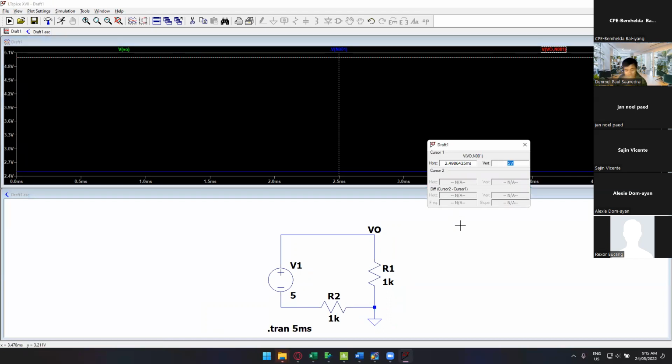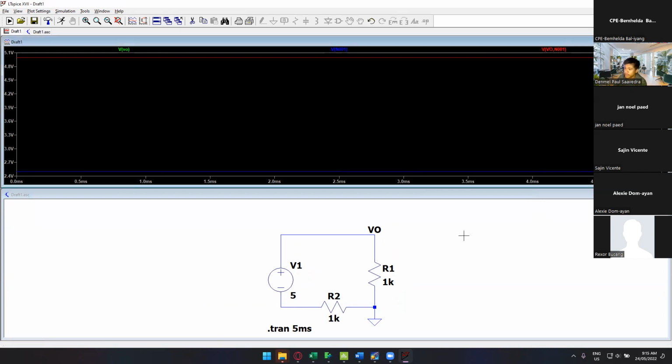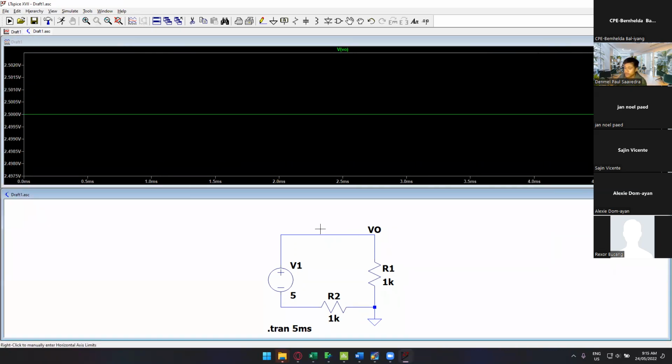That is the voltage across this point up to this point. And when it comes to voltage output, of course we not only have 2.5 volts since we now have 2K resistance.